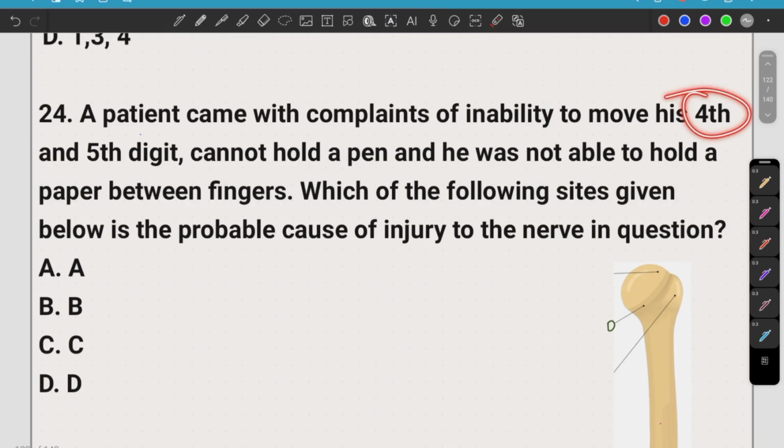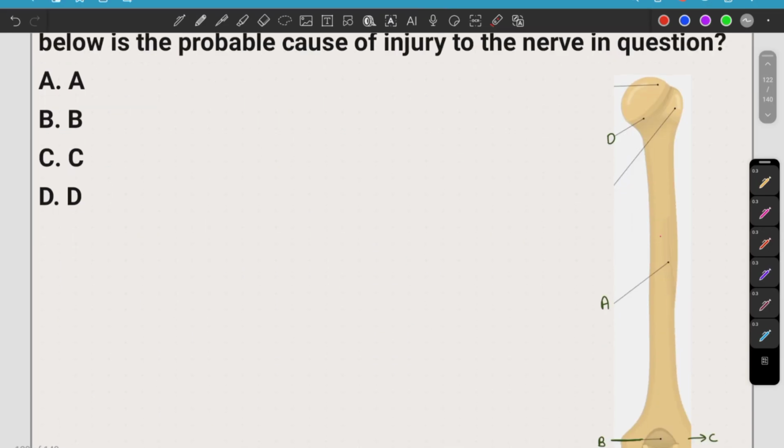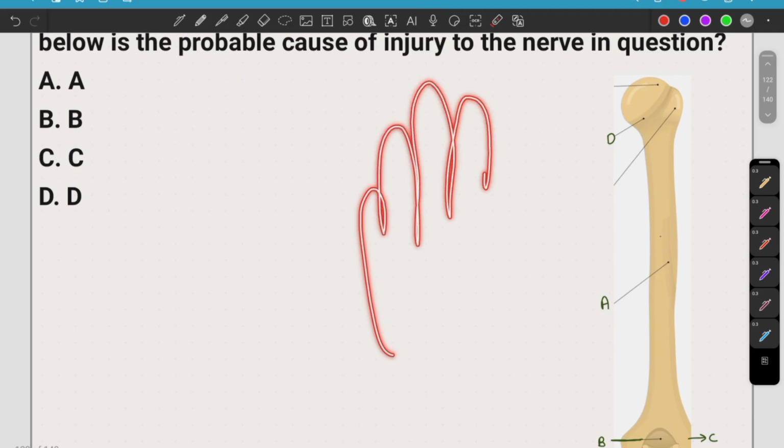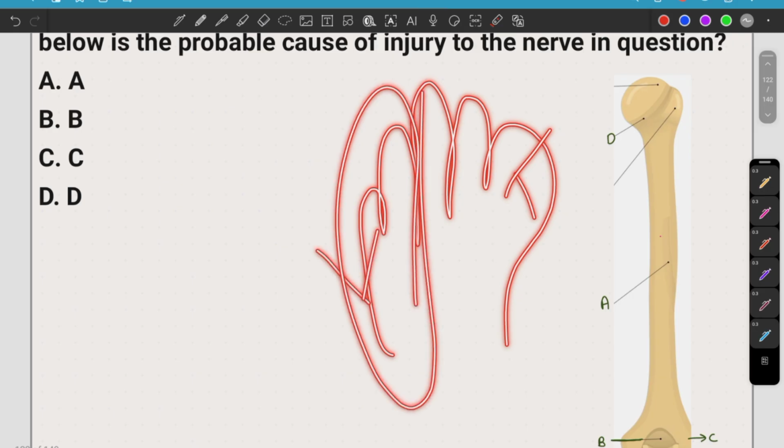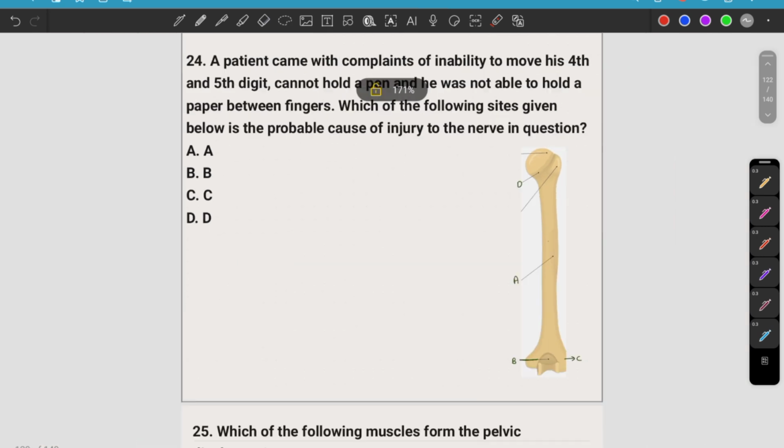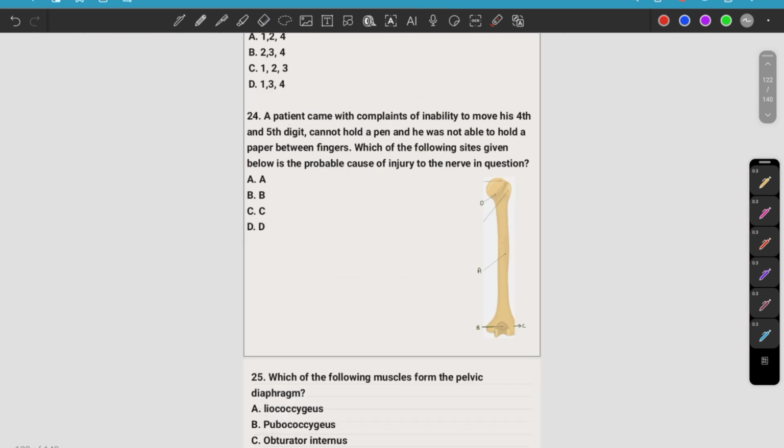The fourth and fifth digits are supplied by which nerve? You can see this is the palm. Okay, this is the thumb, this is the little finger. The fourth and fifth digits are supplied by the ulnar nerve. Okay, and palmar interosseous is also supplied by the ulnar nerve.